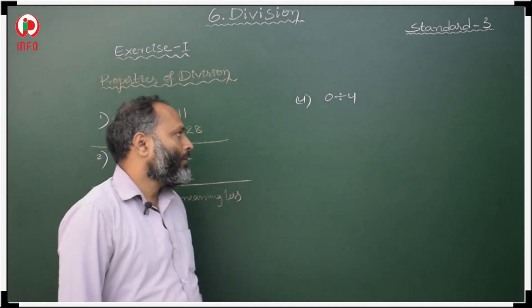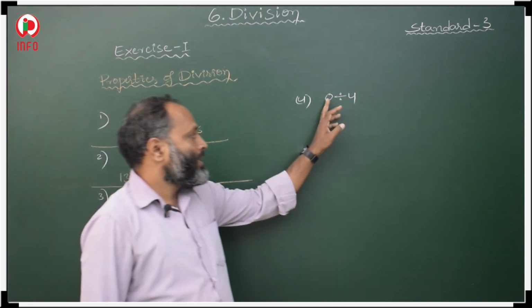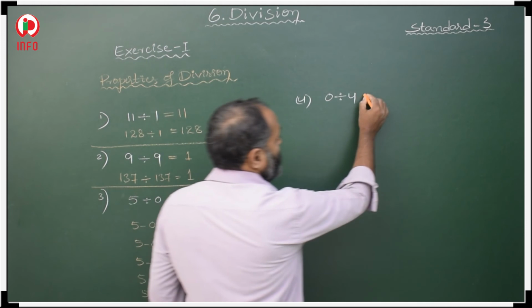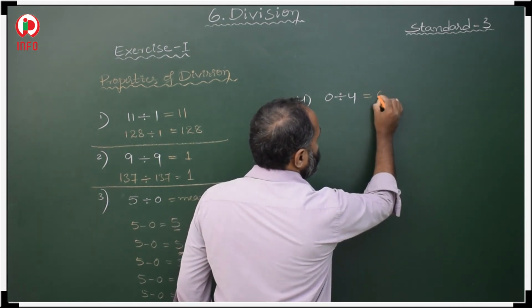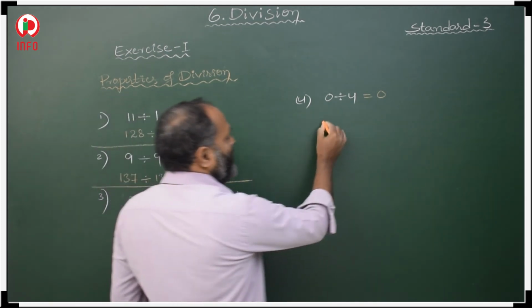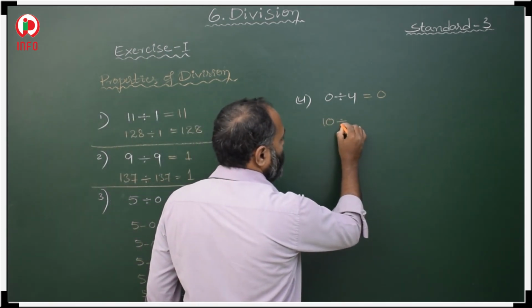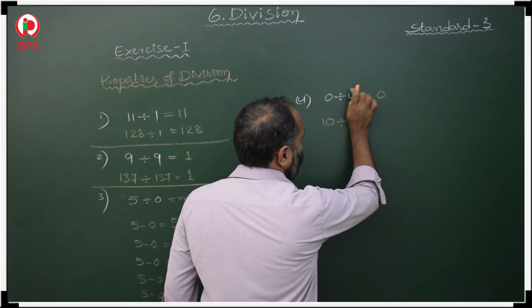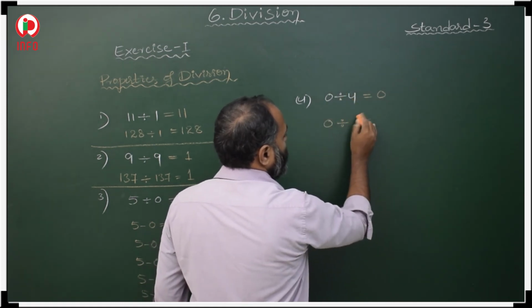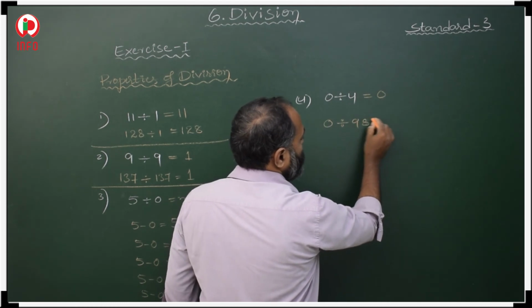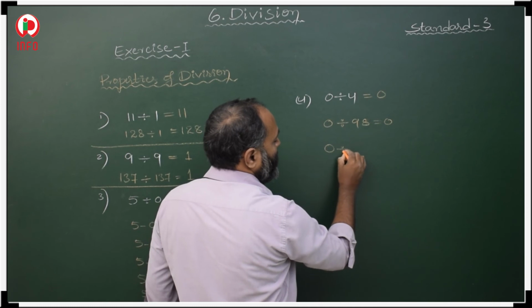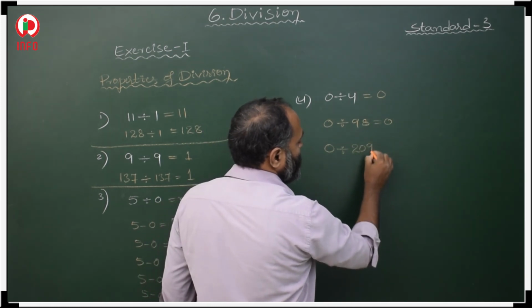Okay. Now, if 0 is divided by any number, that is 0. It means 0 divided by 4 is 0. 0 divided by 98, the answer is 0. 0 divided by 2098, that is 0.